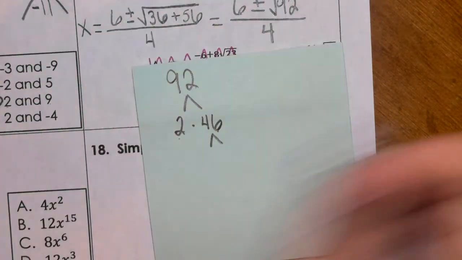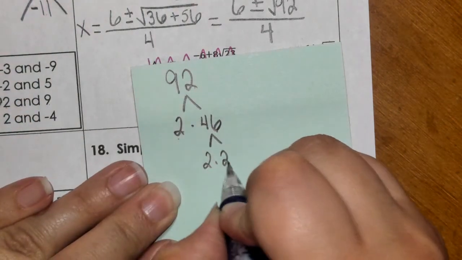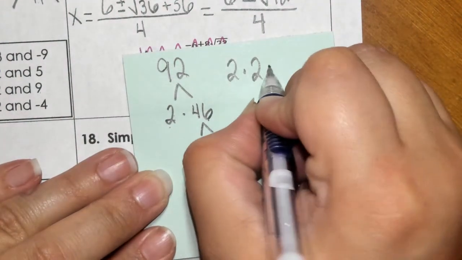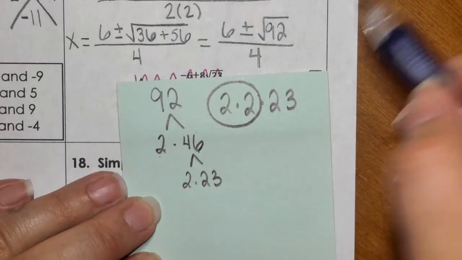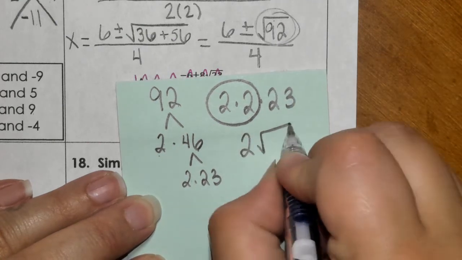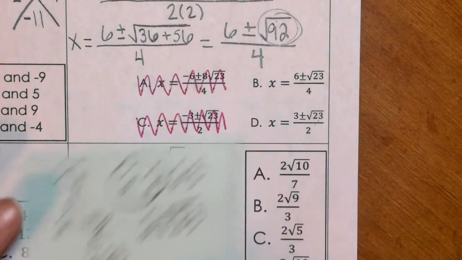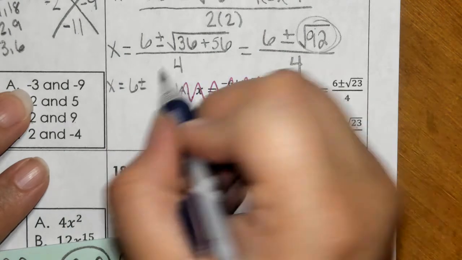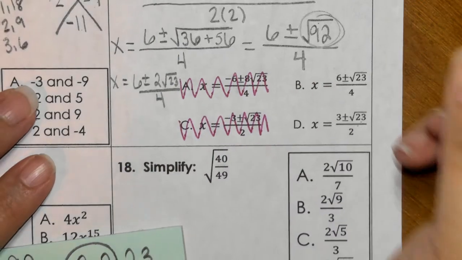But 46 is an even number, so I can divide by 2, and I get 23. So 2 and 2 and 23 gives me a pair of 2's. So I can replace this right here with 2 radical 23. I'm going to write that over here. So I would say 6 plus or minus 2 radical 23 over 4.